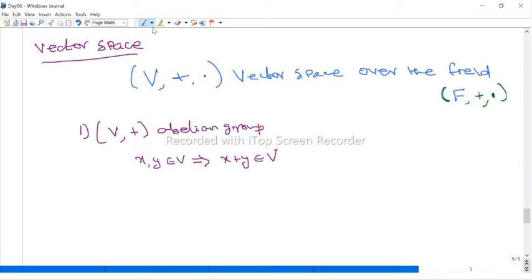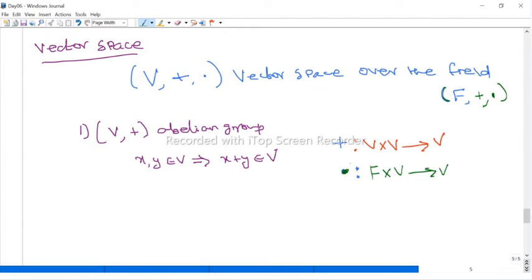So the plus is a function from V cross V to V. But this dot is a function from F cross V to V, where F is the field. So this is addition, and this is scalar multiplication.